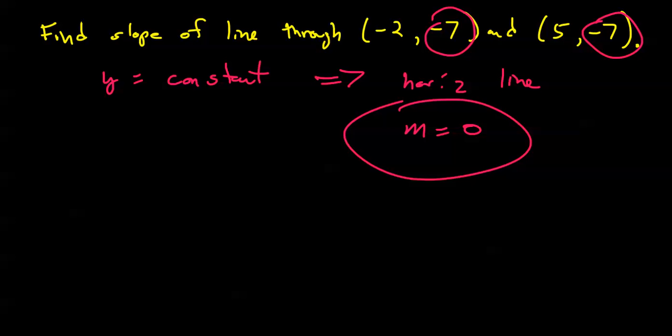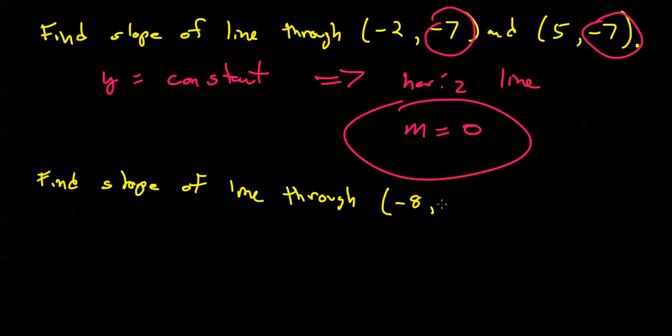Similarly, find the slope of the line through -8, -3, and -8, 29.